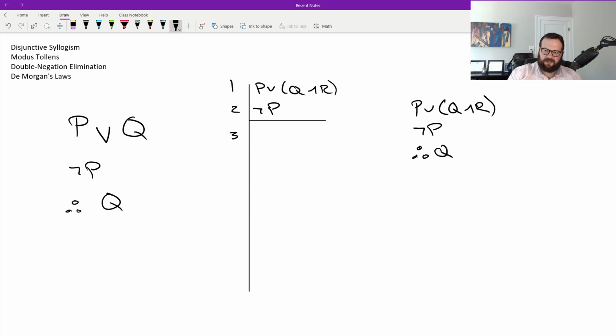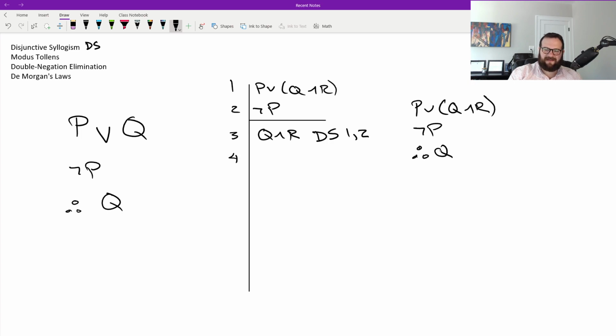And premise two says that P is false, which tells me the other side has to be true. I say DS, right? DS for disjunctive syllogism. I cite the disjunction first, then the negated disjunct second.